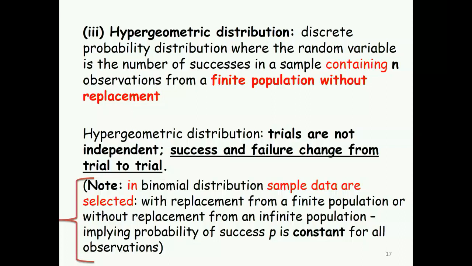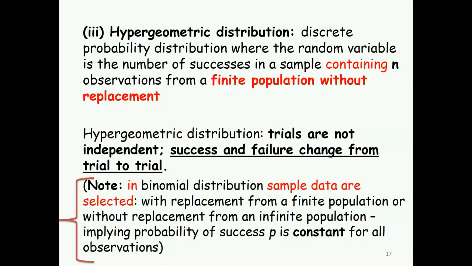What does it mean? You remember, in binomial, P and Q remain the same. Here, when explaining binomial, I added: or without replacement from an infinite population.